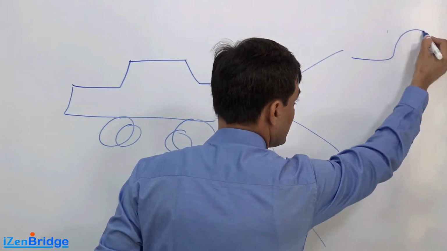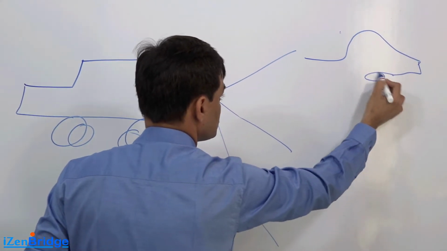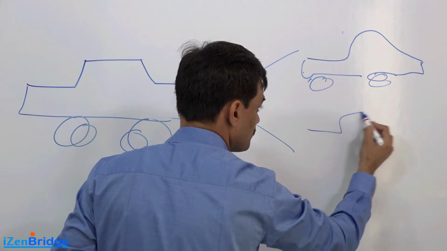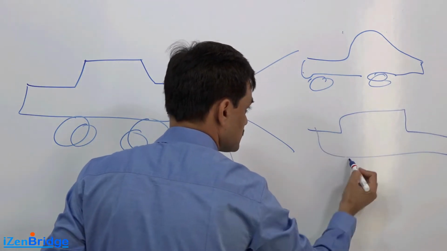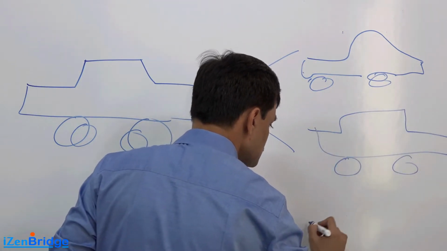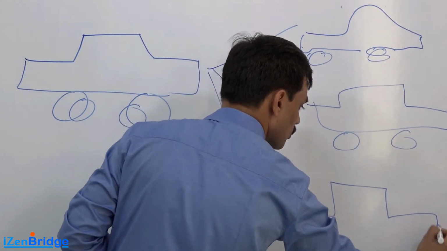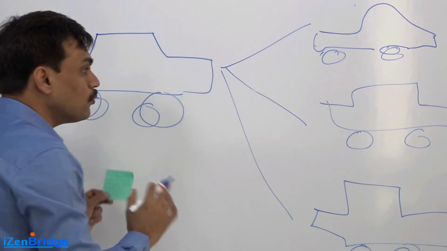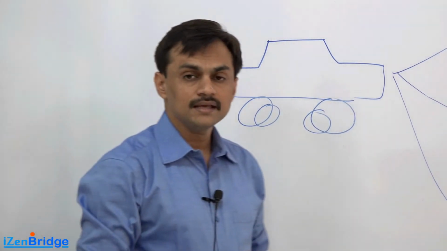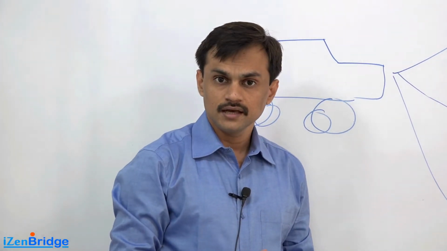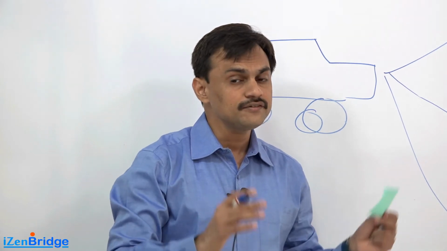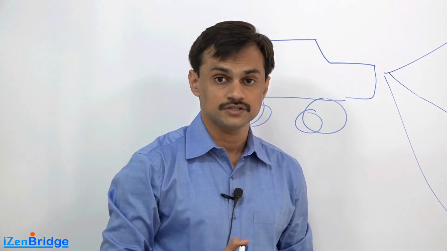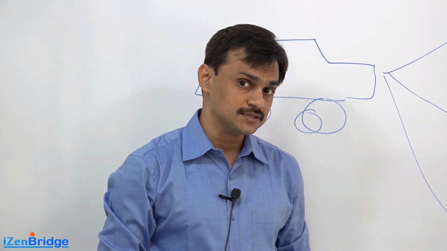You have an A segment car, which looks a little bit different and has some more details. You have a B segment car, and so on. All these different segments of cars are more or less meeting the same functional need, but have some different type of promise, some different specifications to meet for their target customer.